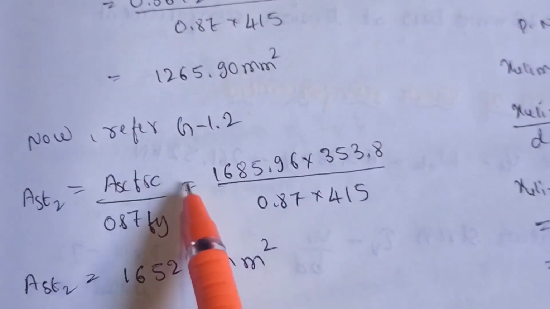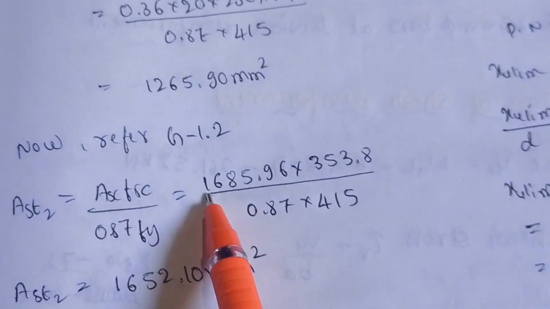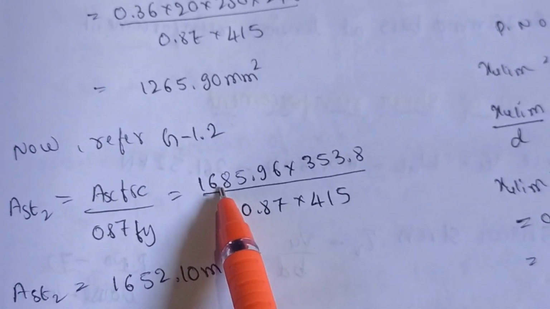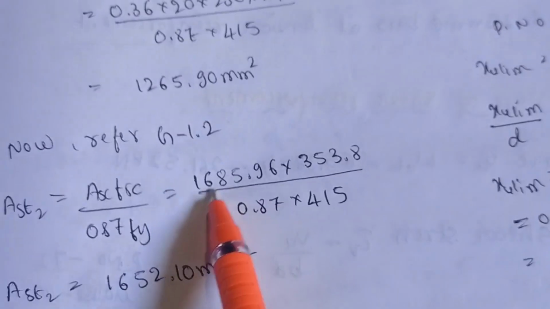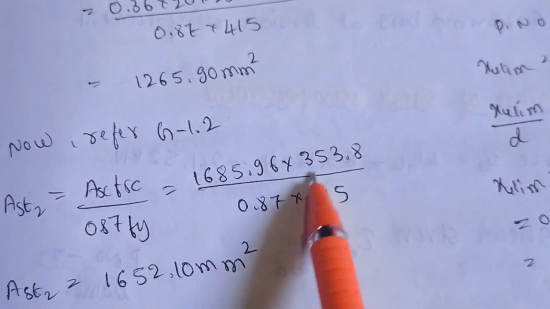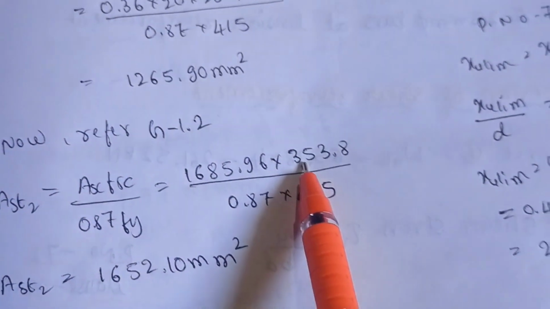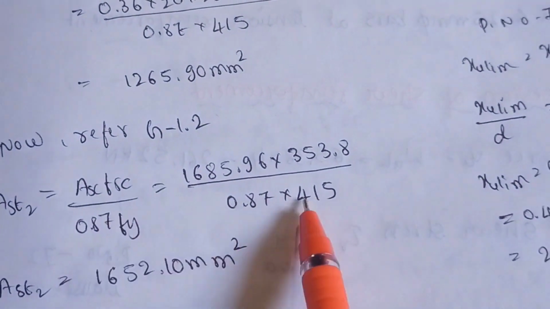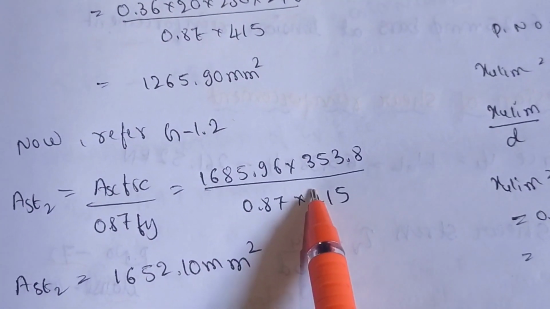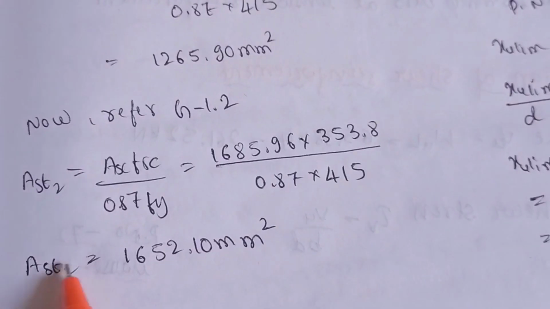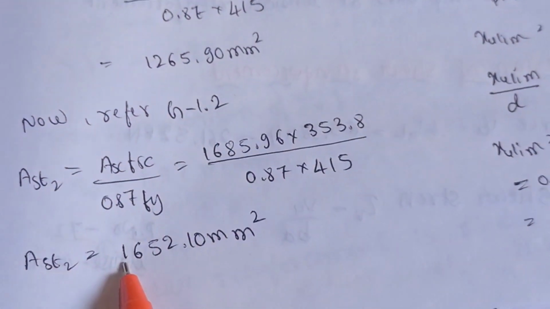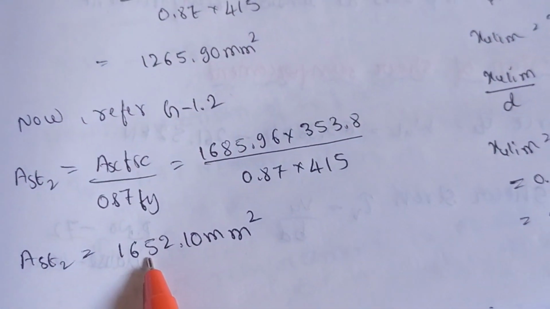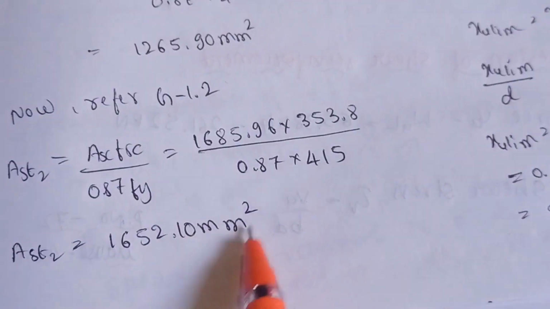Our AC value is 1685.96, into FSC value which is 353.8, and 0.87 into Fy value, which is 415. Substituting all the values and simplifying, we get our AST2 value as 1653.10 mm square.